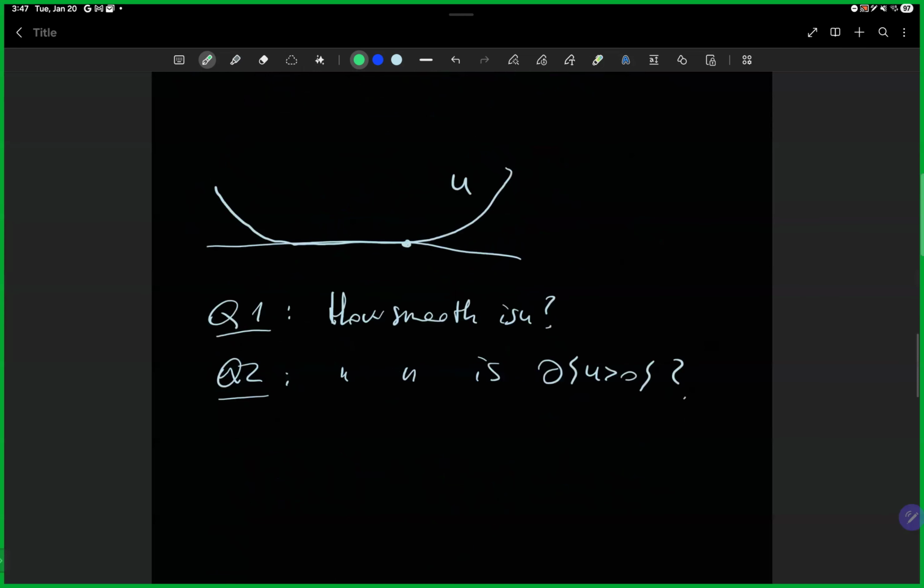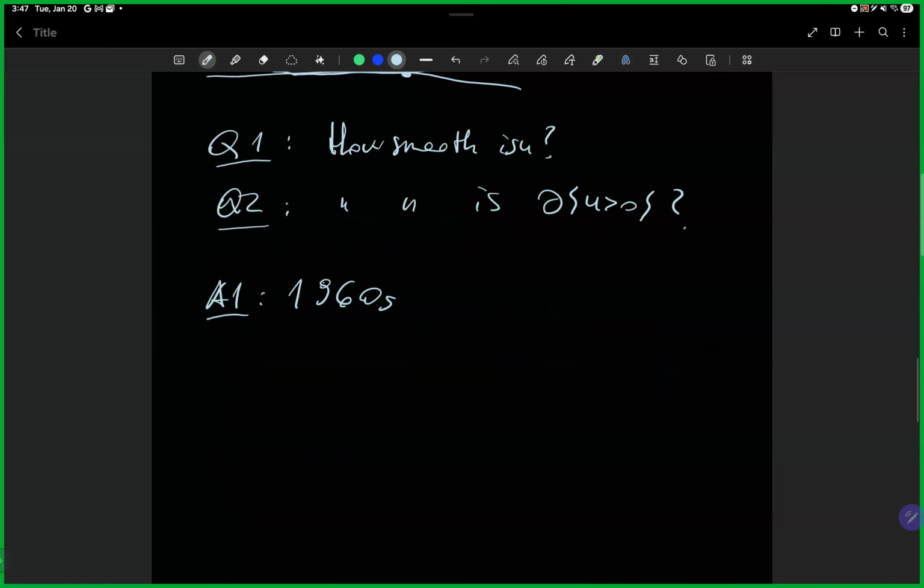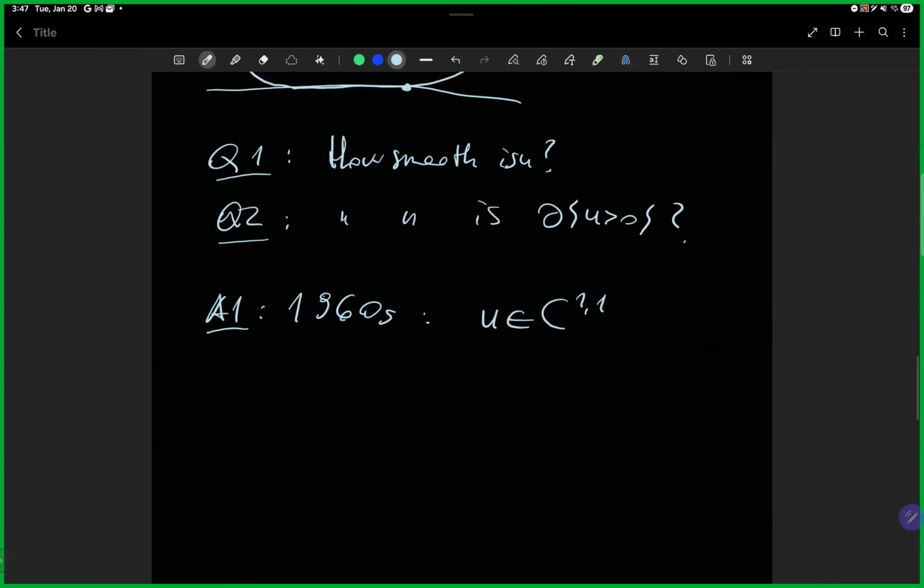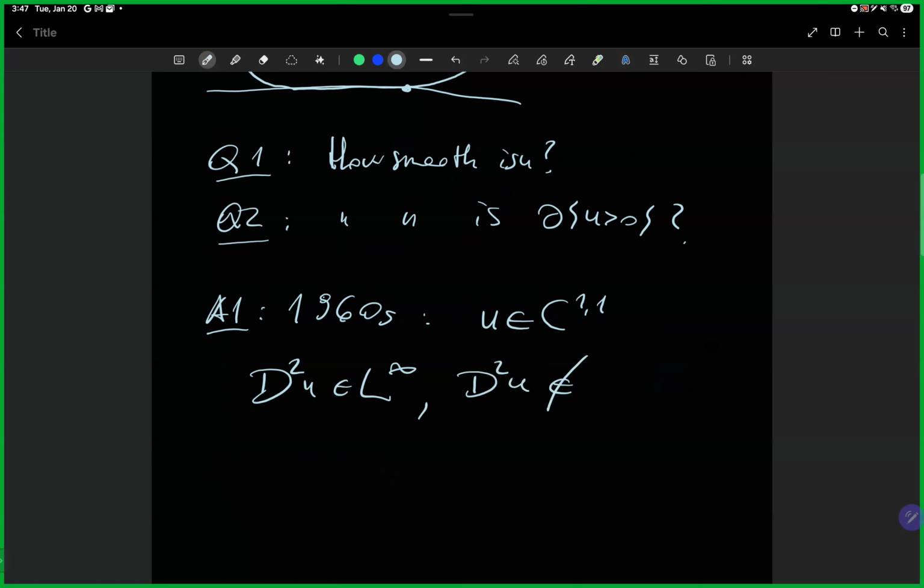About the regularity of u, the answer to this question was given first in the 1960s. Frehse was the first one, and then many others, but the answer is well known. We know that u is C^{1,1}, which means that the Hessian of u exists and is bounded, but the Hessian of u is not continuous.